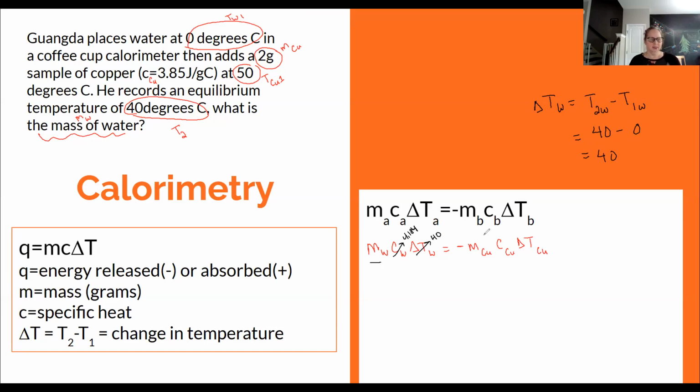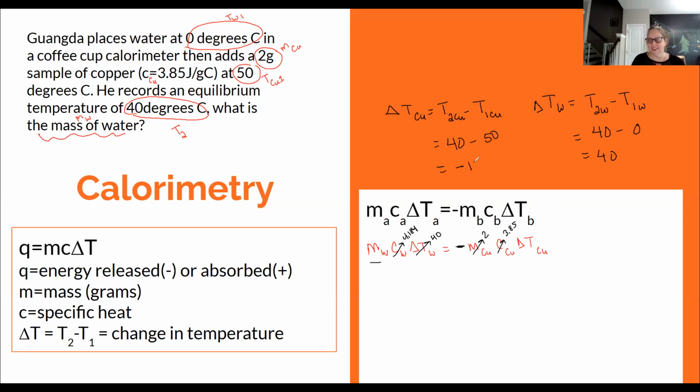The mass of the copper, so don't forget about your negative. The mass of the copper is 2 grams. The specific heat of the copper, 3.85. The change in temperature of the copper, the temperature ending of the copper minus the temperature beginning of the copper. Ending temperature is 40. Beginning temperature is 50.